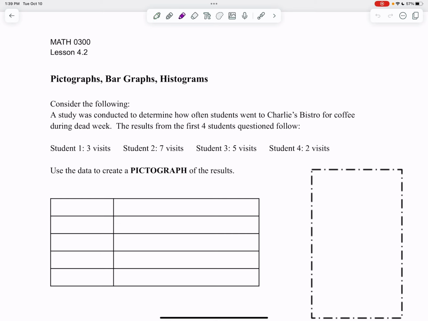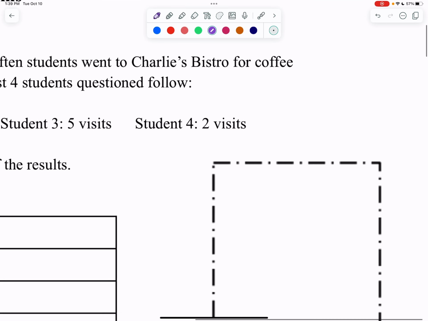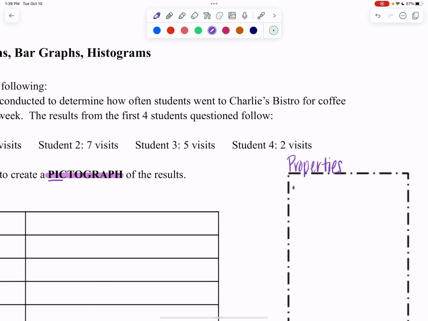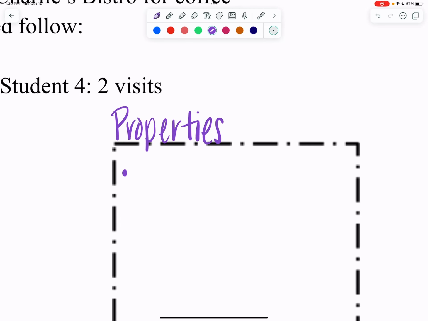So before we go and create a pictograph, we need to know what that means. So let's talk about some properties. The first important thing you need to know about a pictograph is just like it looks in the word picto, looks like picture, a pictograph uses pictures to represent data.